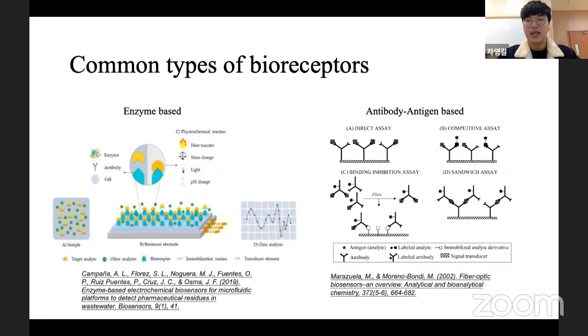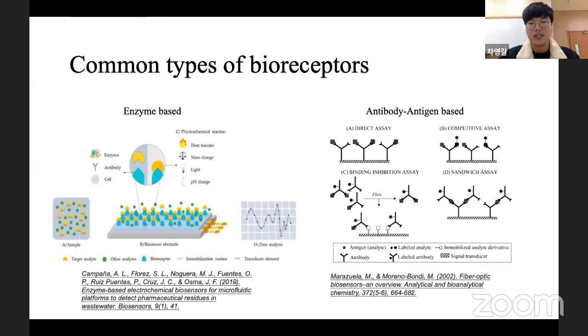In the direct assay, the antigen is incubated with assessed amounts of the immobilized antibody, and the interaction is detected. The second one, the competitive assay format, is based on the competition between an analyte derivative and the analytes in the sample for a limited number of antibody binding sites.